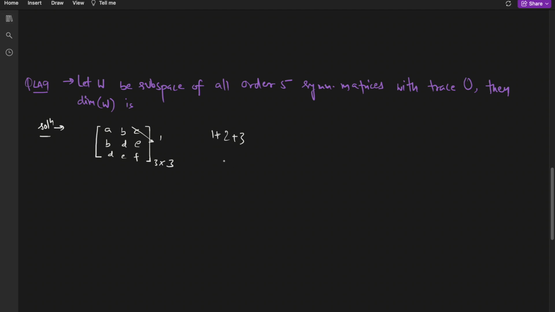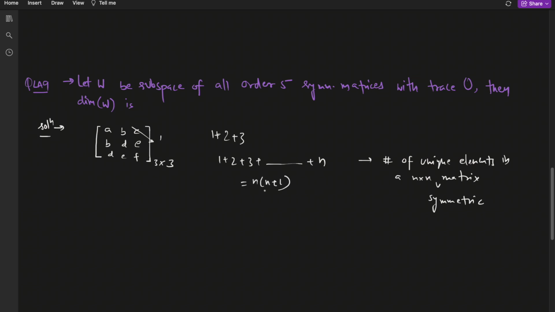So we can say that the number of unique elements in an n cross n symmetric matrix is nothing but 1 plus 2 plus 3 and so forth up to n. And this sum is nothing but n times n plus 1 by 2.